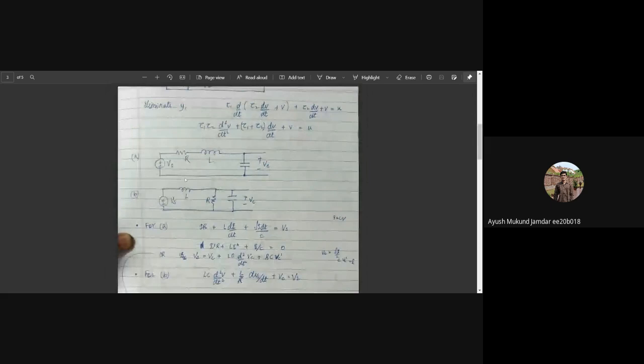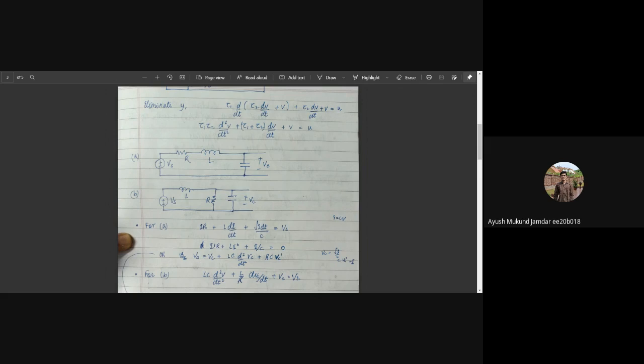Coming to the LCR systems and applying it, we have a time varying source Vs, with L, C and R connected in series in the first case, and connected in parallel in the second case. For the first case, we'll have the equation from KVL as Vs equals Vc plus LC d2Vc by dt square plus RC dVc by dt.